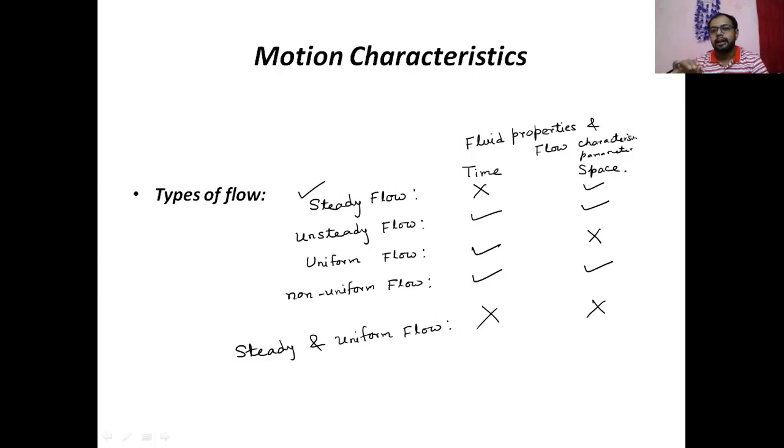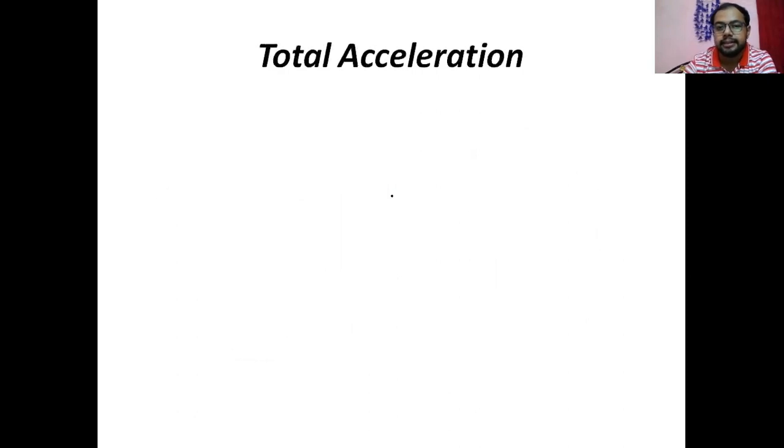Each and every point you can analyze the velocity, and that is the flow field. So these are the types of flow. A steady flow can be non-uniform. A uniform flow can be unsteady. But if the flow is steady and uniform, then the velocity or flow properties or fluid properties will be constant at every position, at every time. That is the consideration.